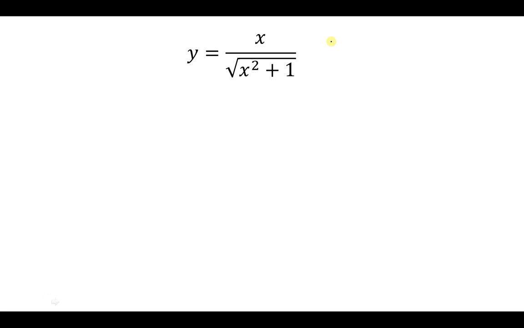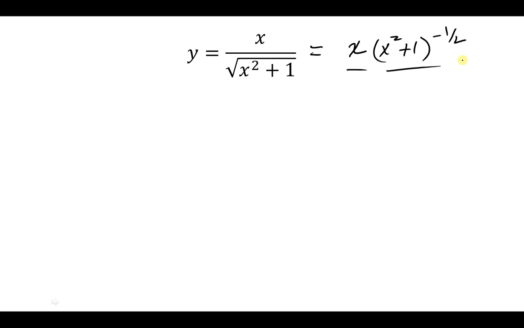I'll go ahead and rewrite this so it might be a little bit easier as x times x squared plus 1 to the minus 1/2 power. Now you've got a product, and you'll be using the product rule, and for part of it you'll be using the chain rule also. So go ahead and pause the video and try to work this yourself.